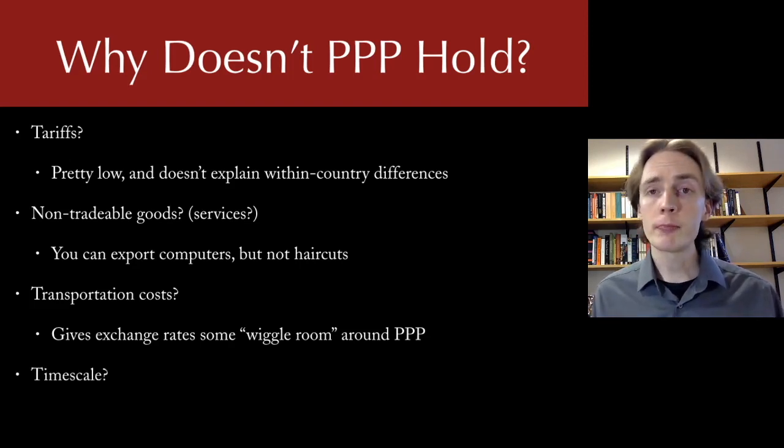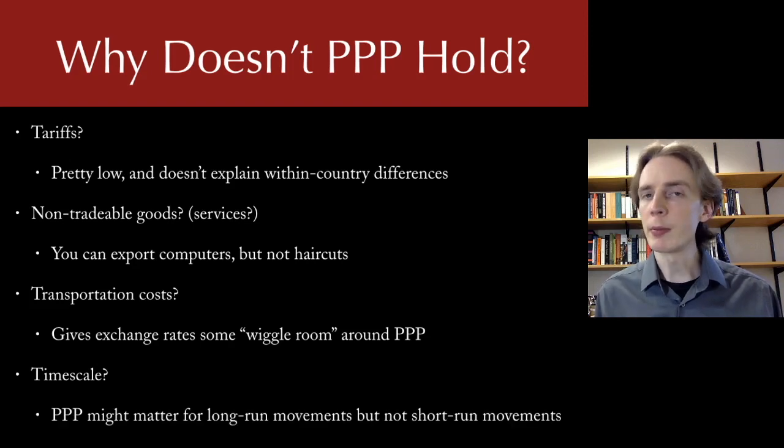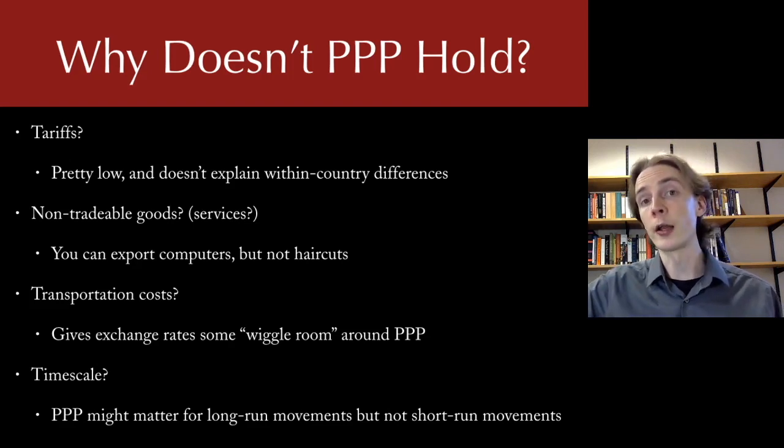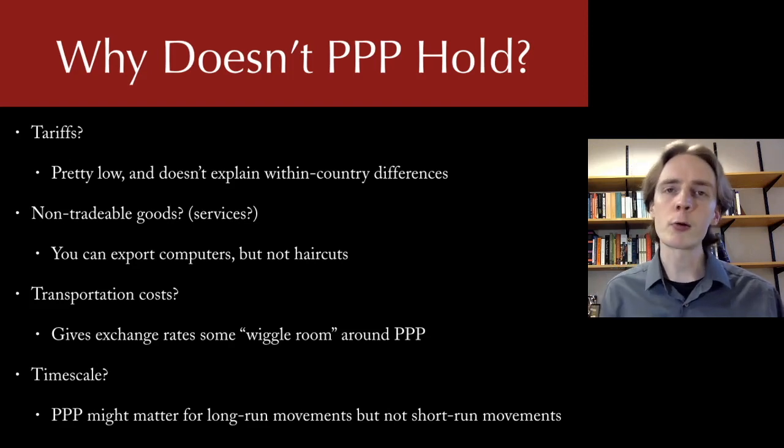One final possibility is just timescale. Maybe it takes a long time for people to take advantage of these for whatever reason. Maybe because of regulations, maybe because it just takes them a while to notice, or maybe there's some investments that have to be made in order to get into the market. So it might be the case that purchasing power parity is a good theory of the very long run, but maybe not so much for the short run.